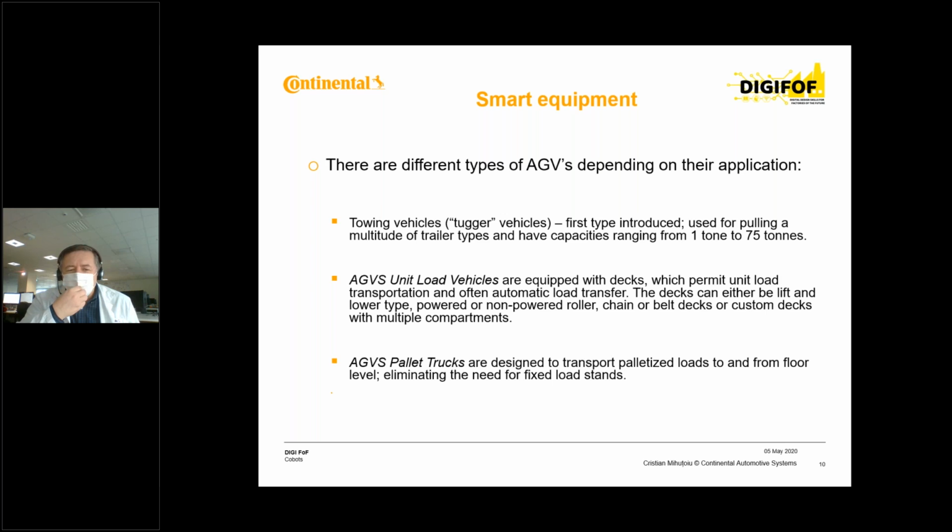So in this case, there is an AGV that on top of it has a system to take the load, and then when it reaches the destination to unload the load. We use in ContiCBU the system with rollers, with powered rollers.